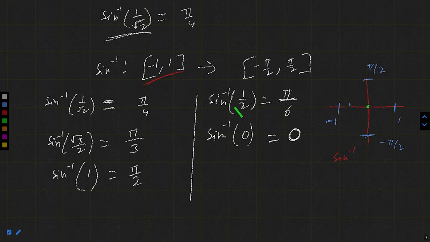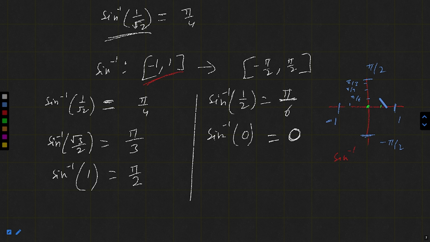At 1 by 2, here at 1 by 2 it is what? Pi by 6. So we know this is 0, this is pi by 6, this is pi by 4, and this is pi by 3. Now this is half.